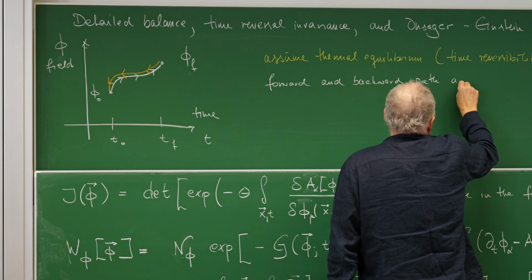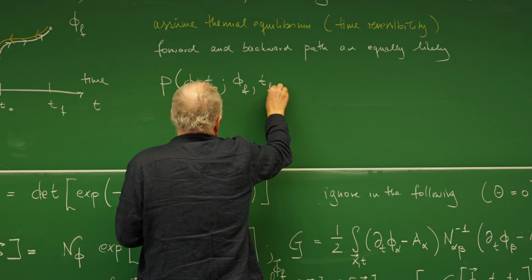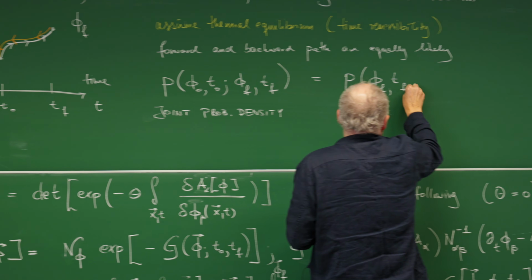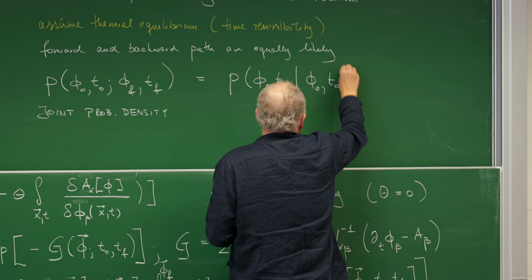So if we write this, the joint probability for the forward path is phi naught t naught, phi f t f. And now just to simplify my notation, I'm not going to write the vector arrows anymore, but just think of all these fields as vector fields. So this joint probability density I can always write as the conditional probability density that when starting at the initial value phi naught, at some initial time t naught, I'm arriving, conditioned on that, at the field variable phi f at the final time.